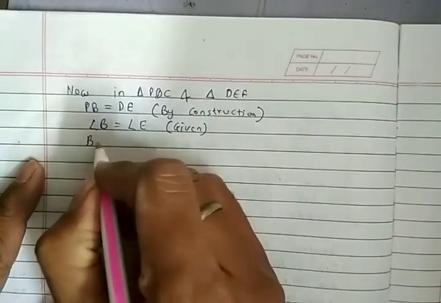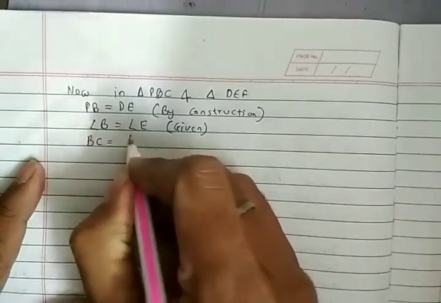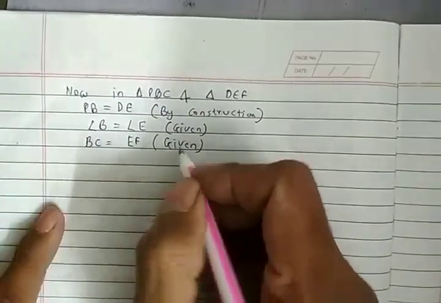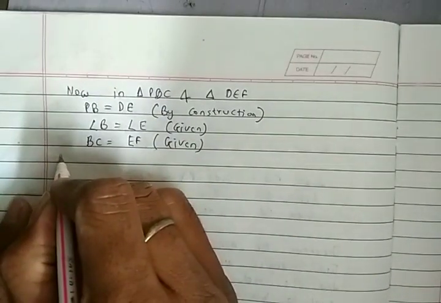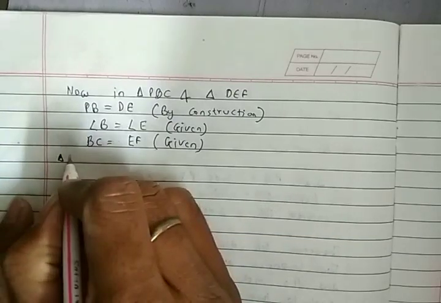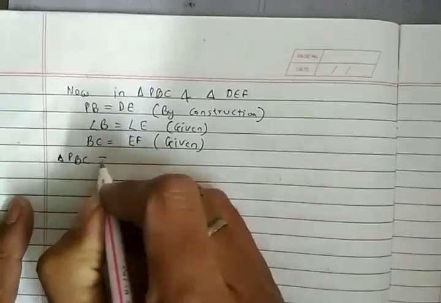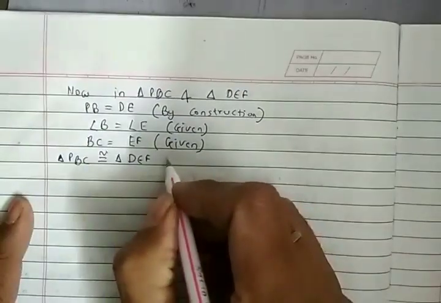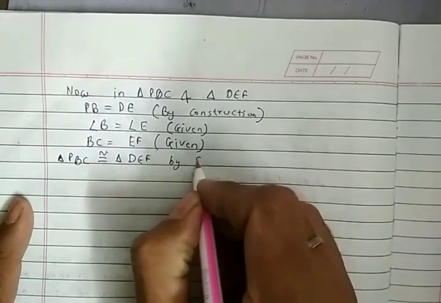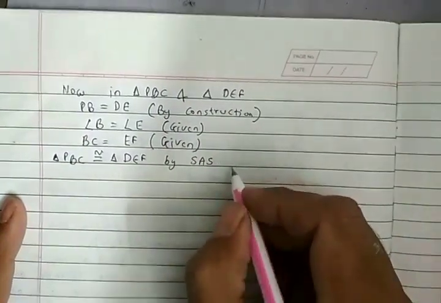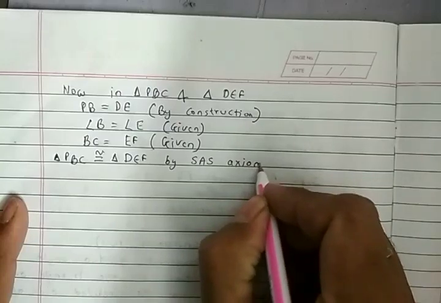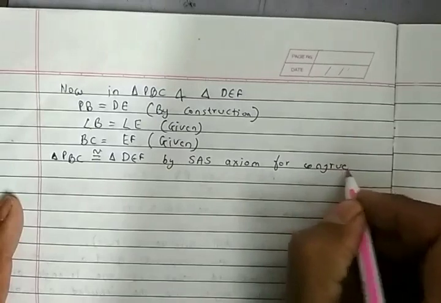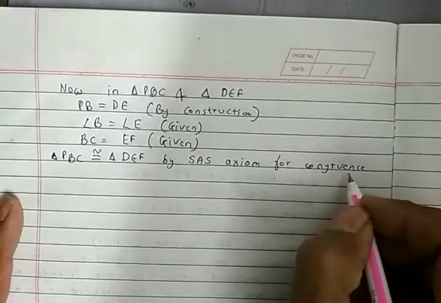One more thing is given, side BC is equal to side EF, right? So we can conclude that triangle PBC is congruent to triangle DEF. How can we say that? By the side angle side axiom for congruence, right?